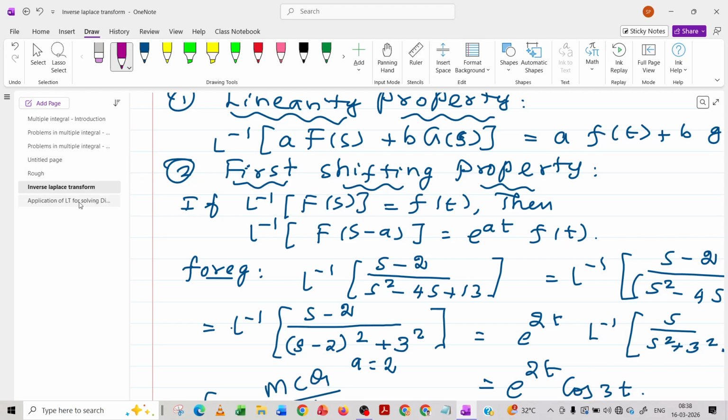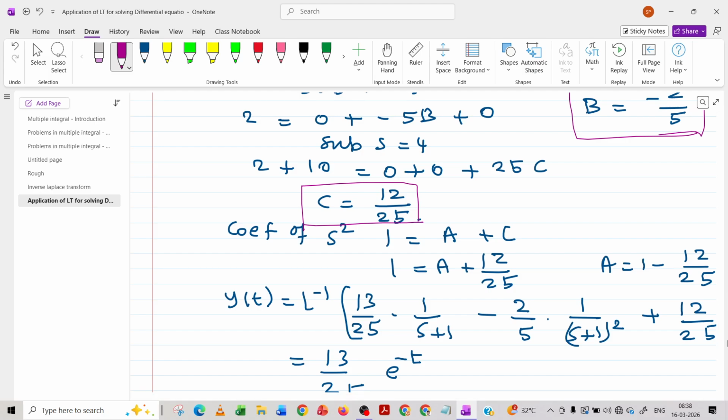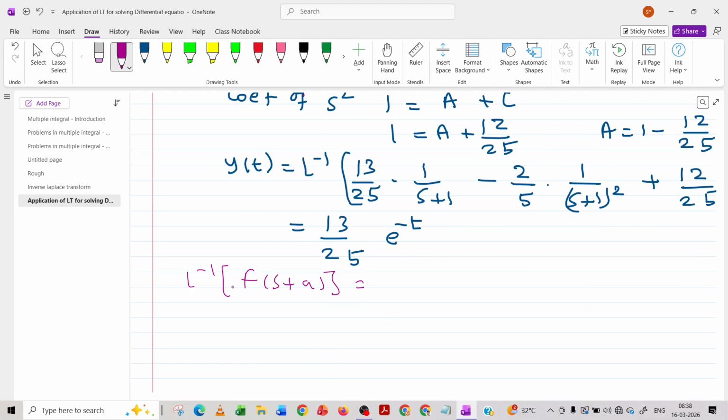So using this formula here, what is L inverse of f of s plus a? E power minus a t into L inverse of f of s.